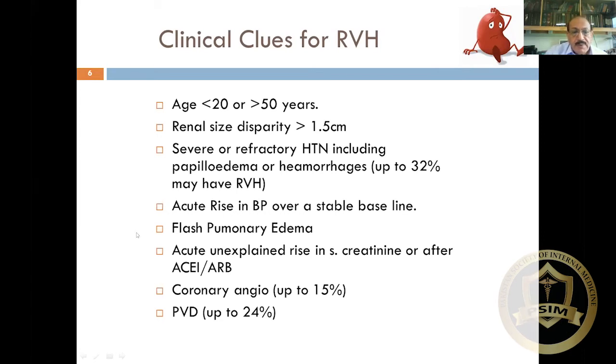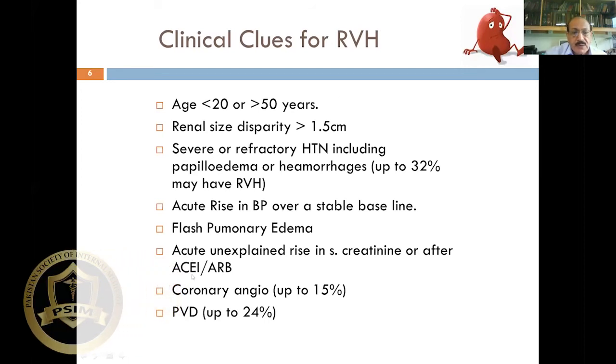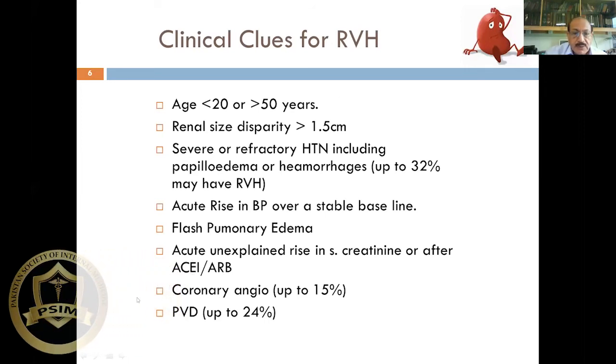Or if a patient comes with flash pulmonary edema, non-cardiogenic type, or if there is an unexplained acute rise in serum creatinine after an ACE inhibitor or an angiotensin receptor blocker, it would mean that the patient has some form of renovascular hypertension.